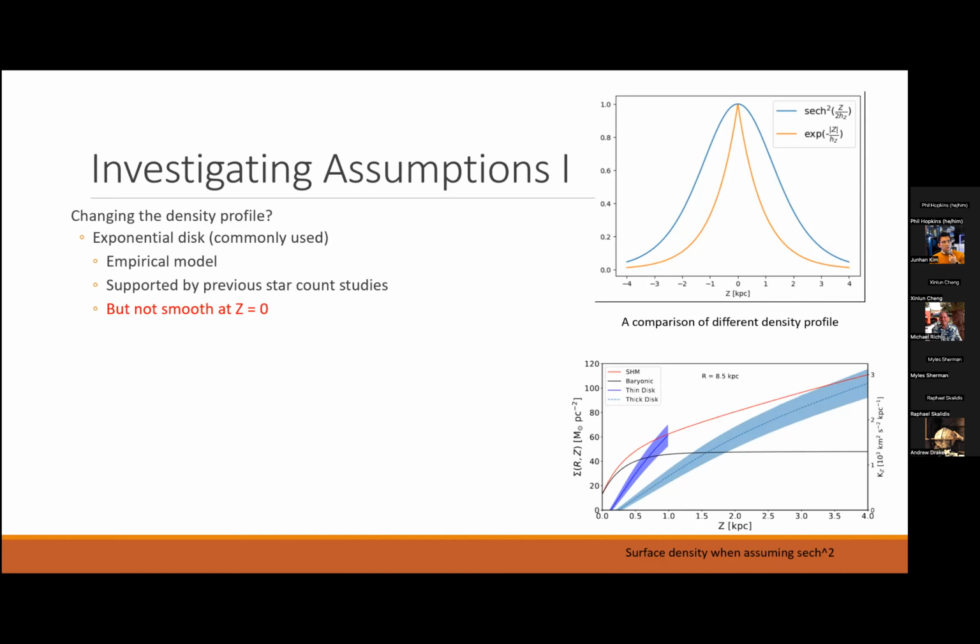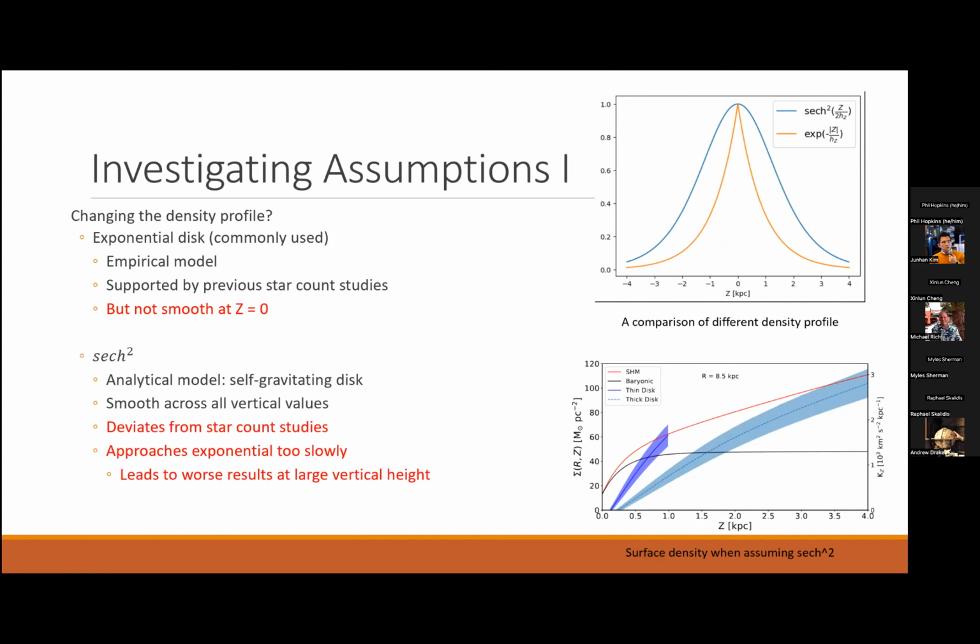But as you can see, it's not smooth at the midplane. So this will create some problems, since if you look at the equation itself, it requires a derivative of the density profile with z. Well, others have also tried secant squared. It's an analytical model that describes a self-gravitating disk.